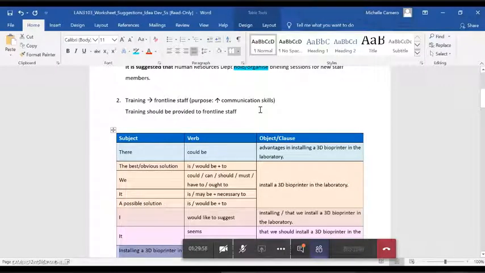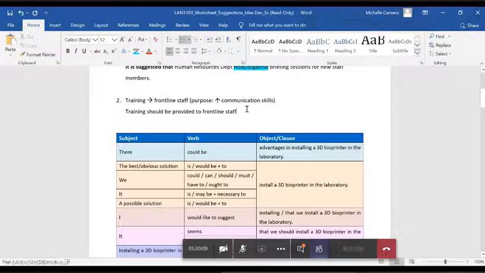Now, what should we say? Because remember, we're going to have a verb here. So we can say training should be provided to frontline staff to, and then we can say enhance or improve their communication skills.